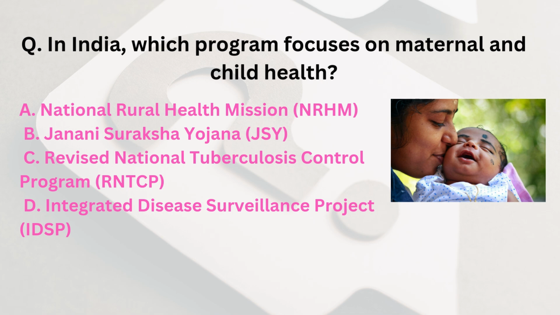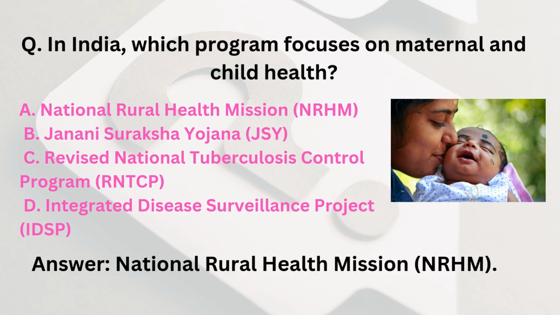The correct answer is A, that is National Rural Health Mission, NRHM. NRHM is the program of Government of India. The main aim of this program is to improve the overall health status of rural population by focusing on maternal and child health. NRHM covers wide range of services including maternal health, child health, RCH services, that is reproductive and child health services.